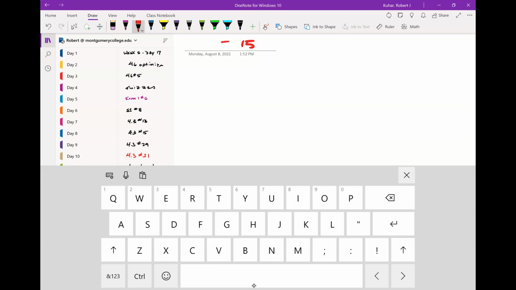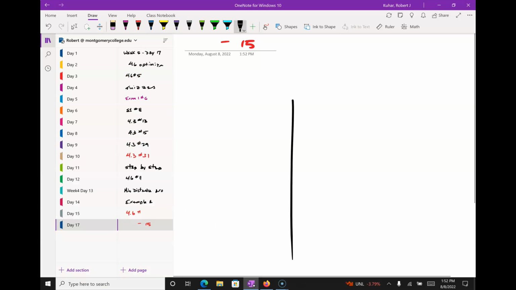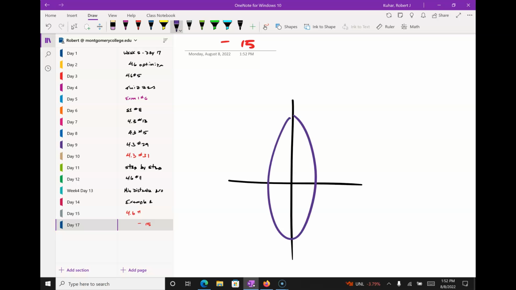And I've got my ellipse here, and I'm trying to find 2 points on the ellipse that are furthest away. Right? So this would be congruent to this. But let's just find a positive one just to make it a little bit easier. Right? Let's just find this 1 point.